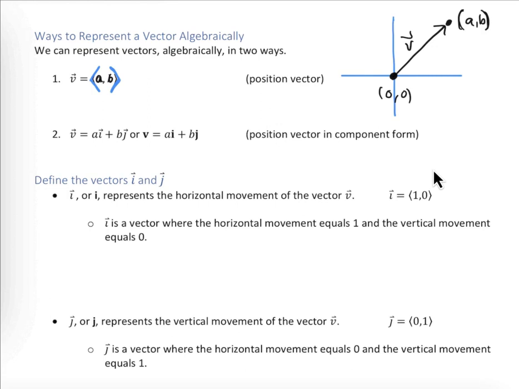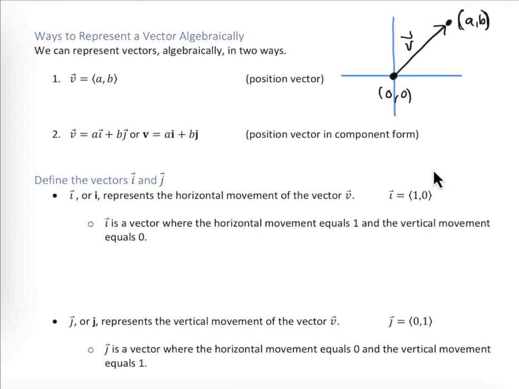Now, we also can refer to this same vector algebraically by using those components, and the components again are the horizontal component and the vertical component, the distance traveled in the horizontal direction and the vertical direction. We can use these components as scalar multiples of the i vector and the j vector, which we're about to define.